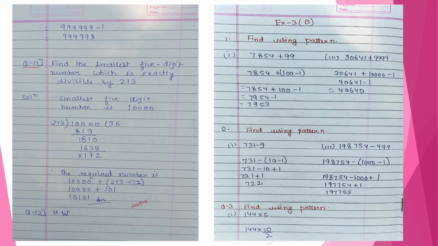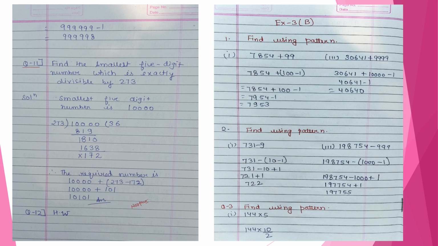After this, we can find out the required smallest 5-digit number, which is exactly divisible by 273, by the following method: 10,000 plus 273 minus the remainder. So 10,000 plus, in bracket, 273 minus 172.